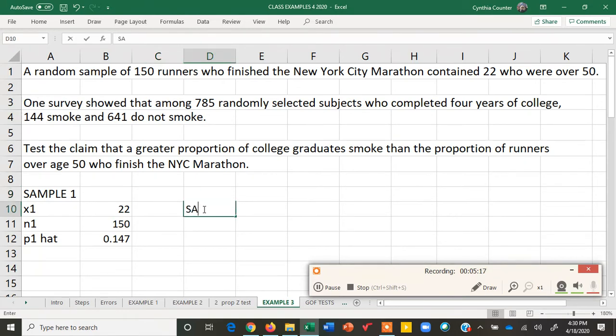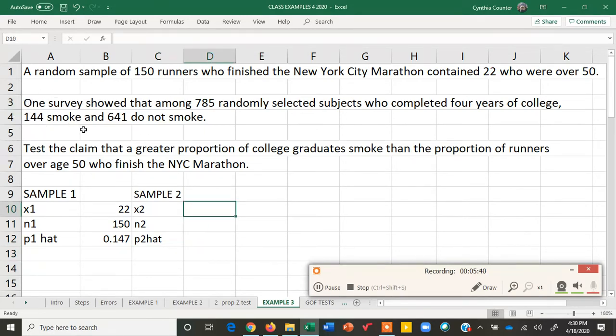So let's summarize sample 2: X2, N2, and P2 hat.